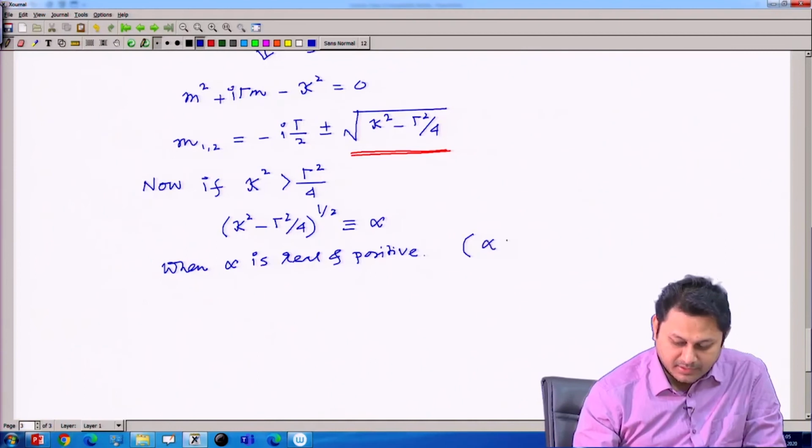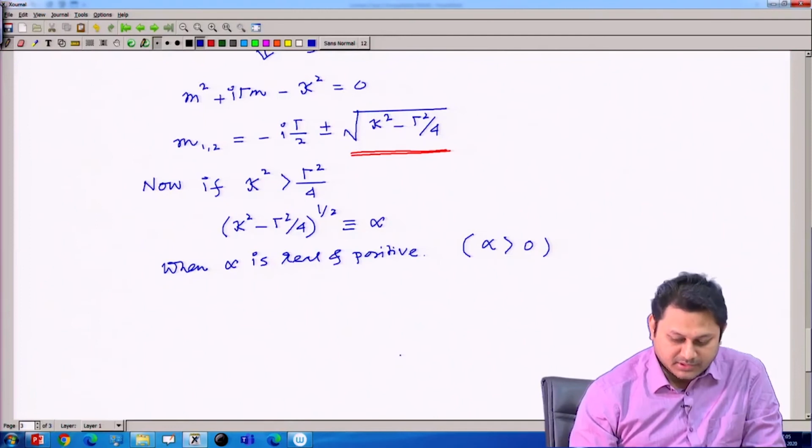So that means alpha is greater than 0, it is a real quantity as well as positive.